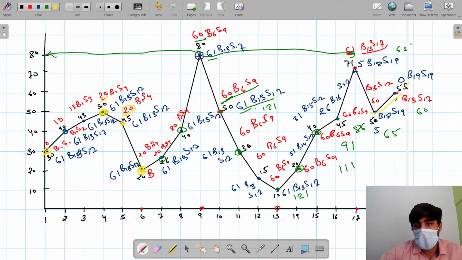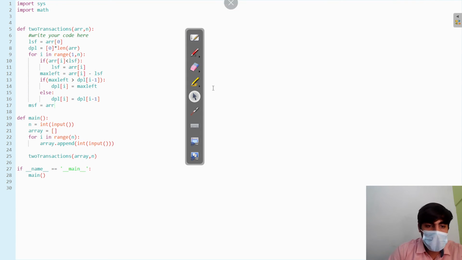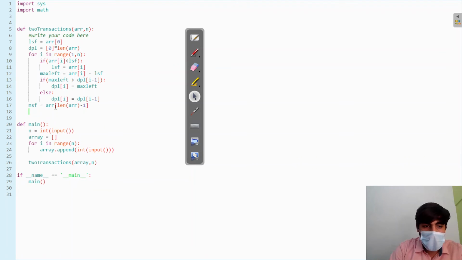So firstly we are taking ARR of length of ARR minus 1, the last element here, and then creating DPR, which is 0 into size of length of ARR.